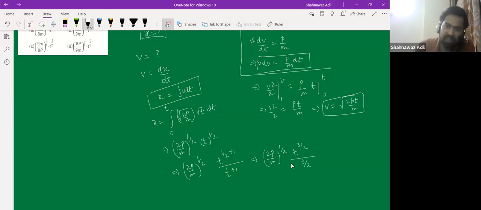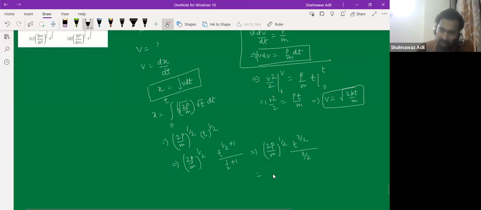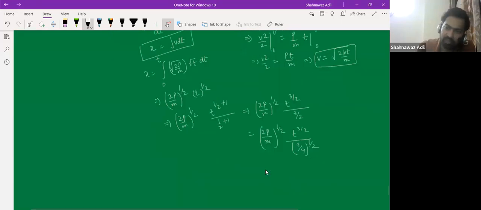So how do you write this thing in root? This thing is 2p by m, and this 2 will go in here, so 2, and I can write this thing as root of 9 by 4, or I can write this as 9 by 4 power half. So this thing I can now take in here. So what would this be?